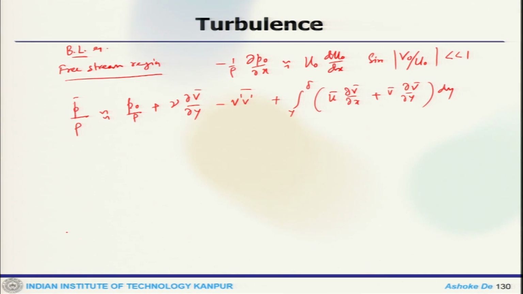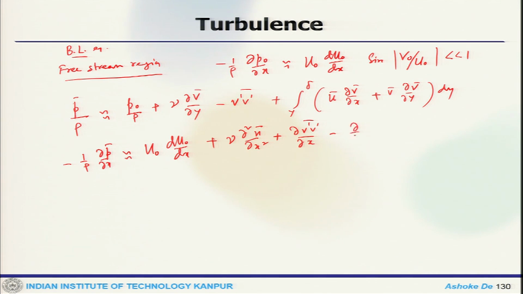Now, you can take the derivative with respect to x and make use of the continuity equation plus the equation of the free stream. So, that will get us del p bar by del x equals u naught del u naught by dx plus nu del 2 v bar by del x del y, minus the integral from y to delta of u bar del v bar by del x and del v bar by del y dy.